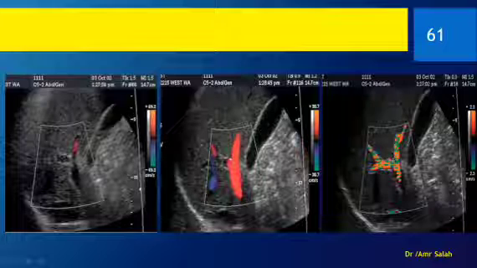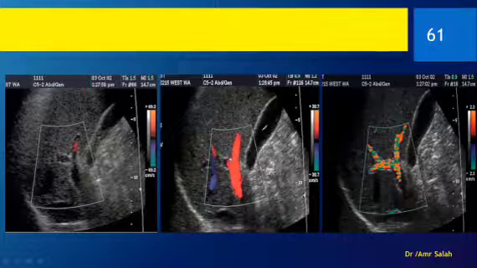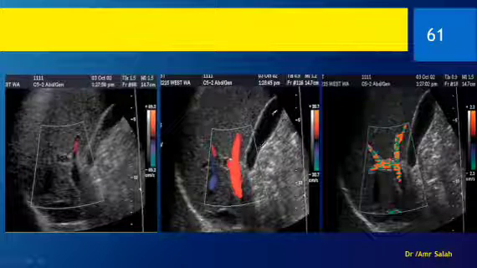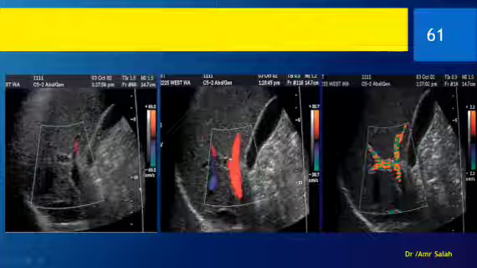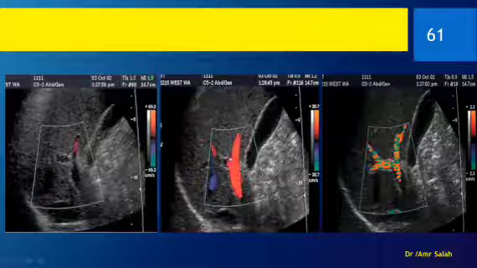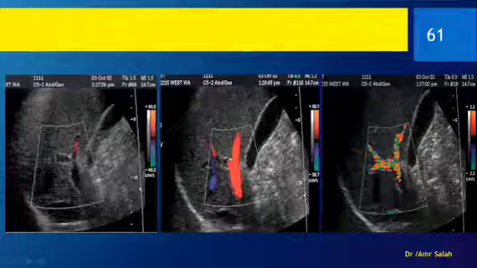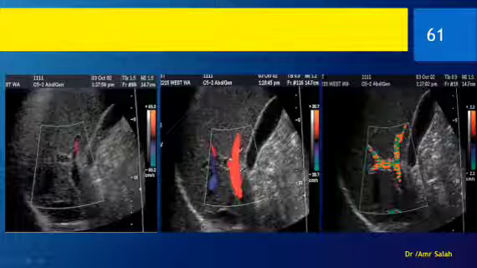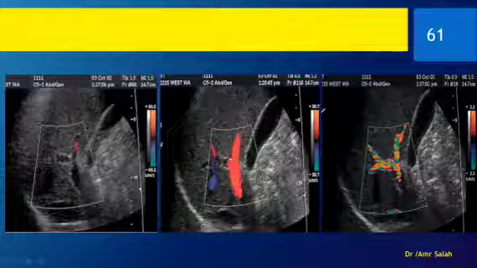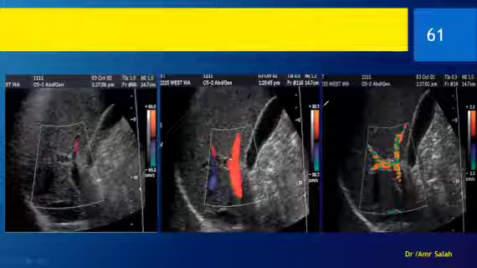Here this vessel is towards the probe, because this kind of vessel we don't need to do the steer because its direction is already in the right direction. So here, what is the velocity of blood in this vessel? Okay, here it is near all of the dark red. Now let's check the color map.